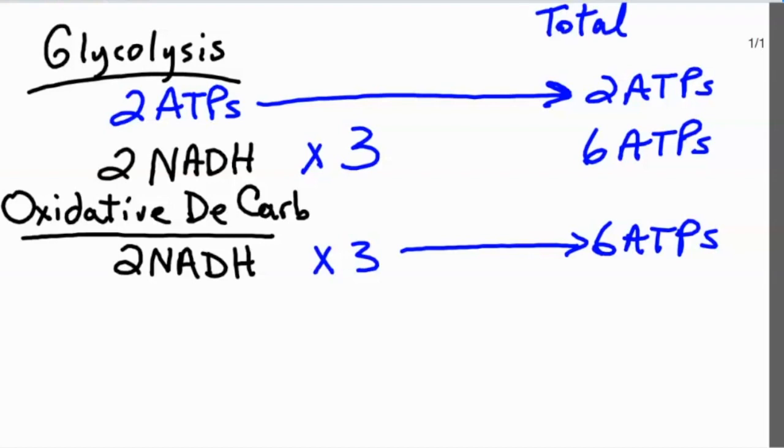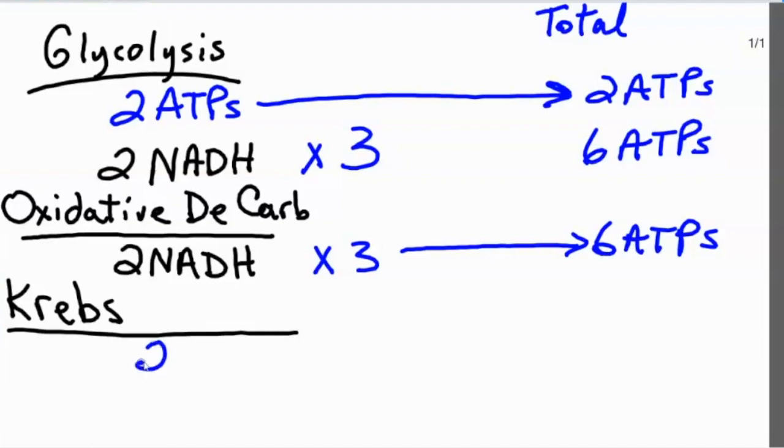What was our third big step that takes place in the mitochondria called? Krebs. The big one. And in the Krebs cycle, do we get any ATP directly? Yes, how many? 2 ATPs.